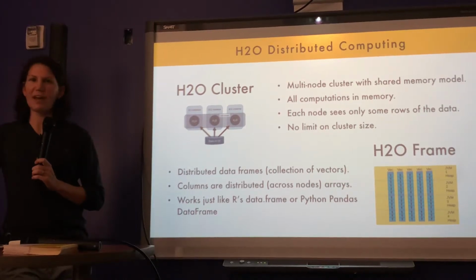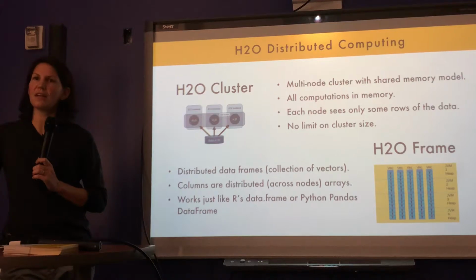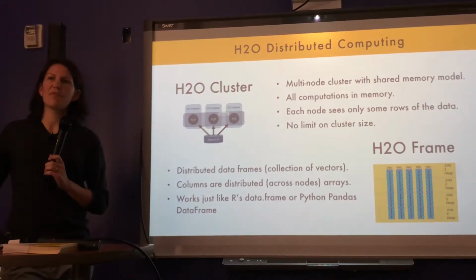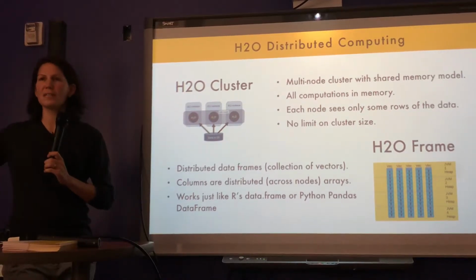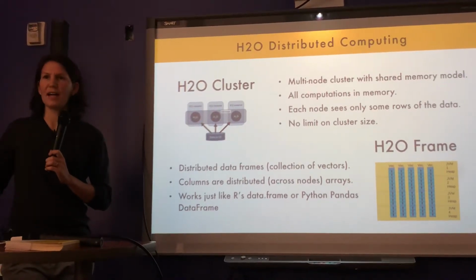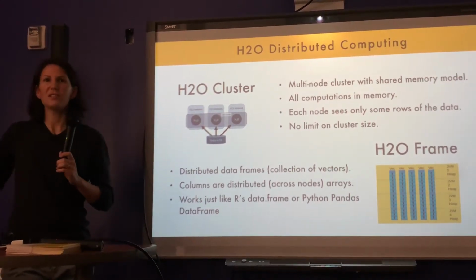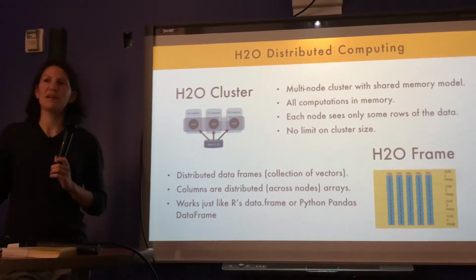So one thing that we have is what's called the H2O cluster, and all that means is it's just a shared Java memory process, either on your laptop or across a physical cluster. So H2O cluster just means some memory where H2O is running.